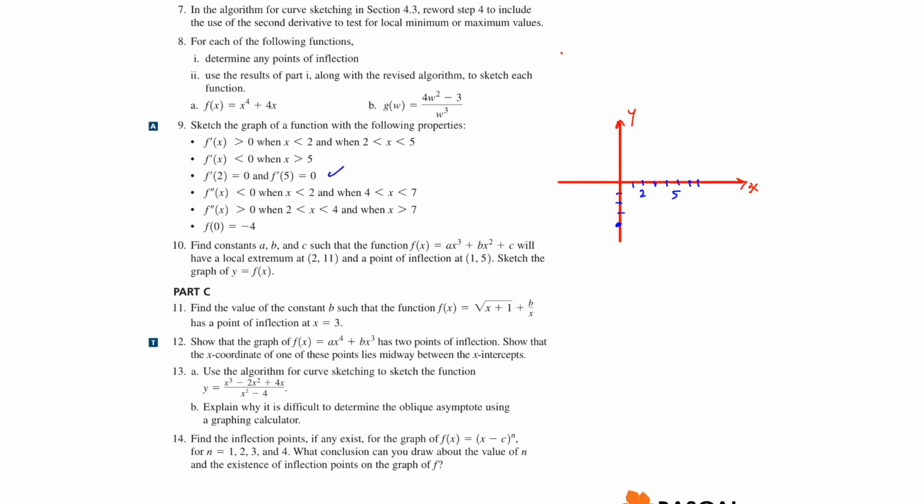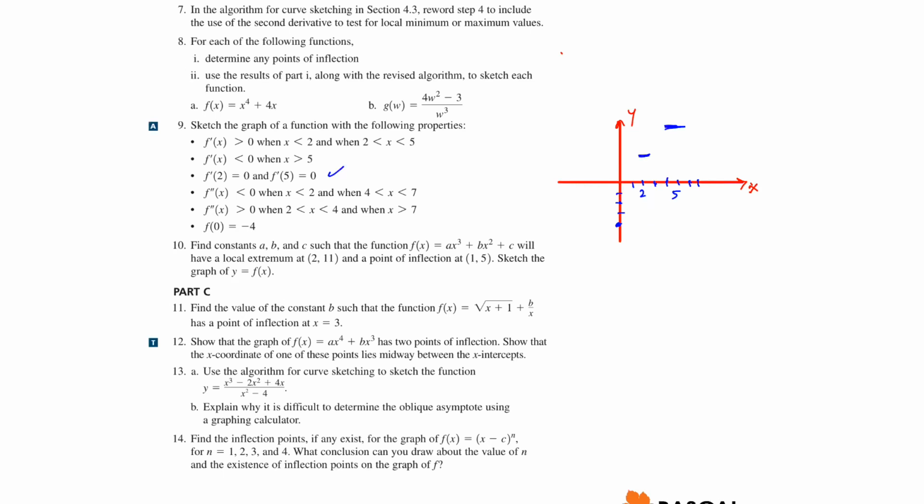At 2 and 5, the tangent line is horizontal. And we know it is increasing when x is smaller than 2. And it is also increasing when x is between 2 and 5.